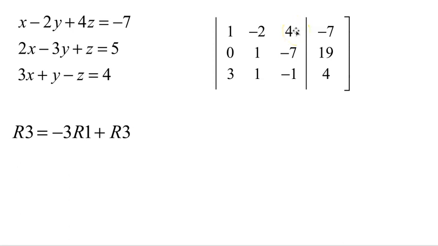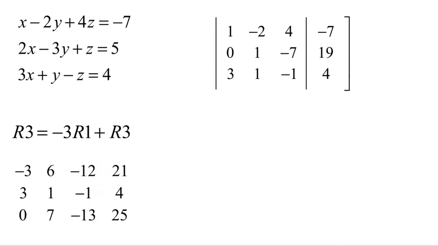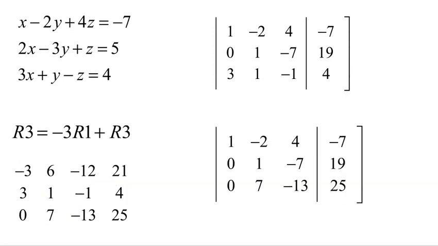Negative 3 times 4 is negative 12. Negative 3 times negative 7 is positive 21. We're going to add that to row 3: 3, 1, negative 1, 4. Negative 3 and 3 is 0. 6 and 1 is 7. Negative 12 and negative 1 is negative 13. 21 and 4 is 25. So this now becomes my new row 3.